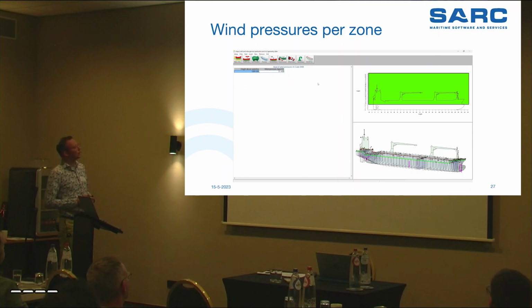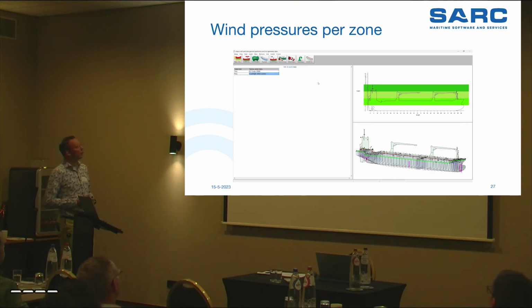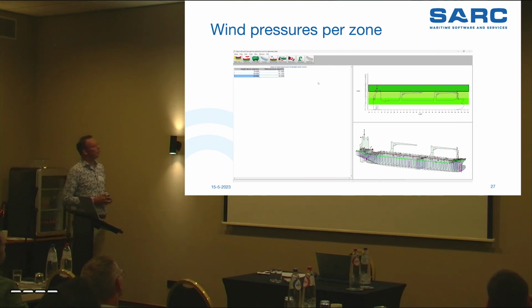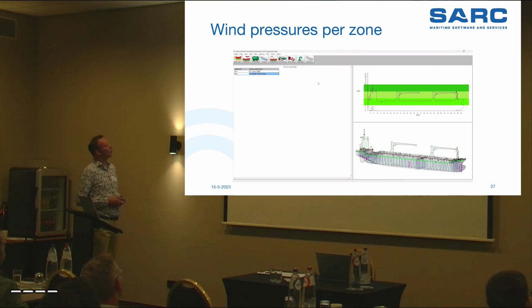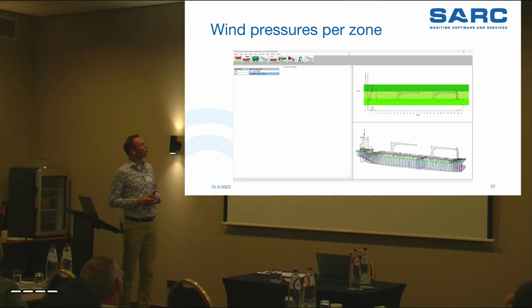This is what it looks like indeed. So up until 1,000 meters with 1 wind zone, wind pressure, excuse me. And now we see here 3 different wind zones, each 10 meters high, where the wind pressure decreases by 20% of the normal wind pressure. But also this is just an example to show how it works.